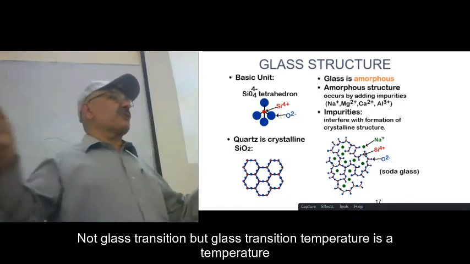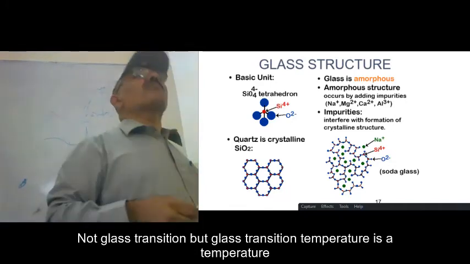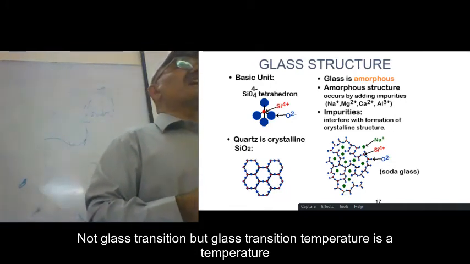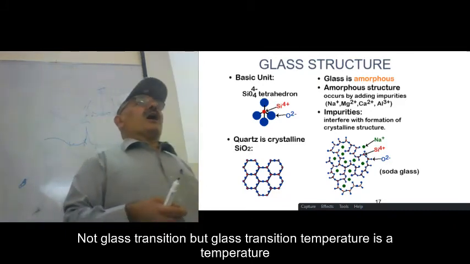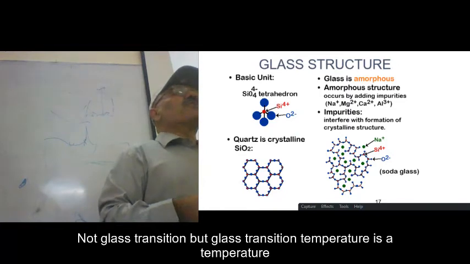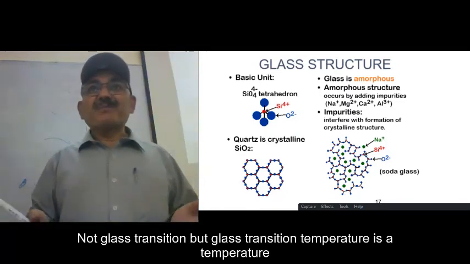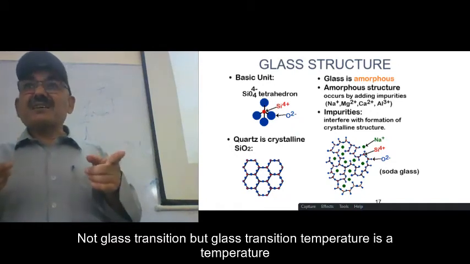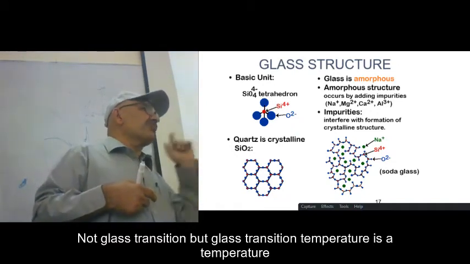When you get those stoichiometric compositions, that is called batch composition, BATCH. When you physically mix the initial ingredients, that is called the batch composition.